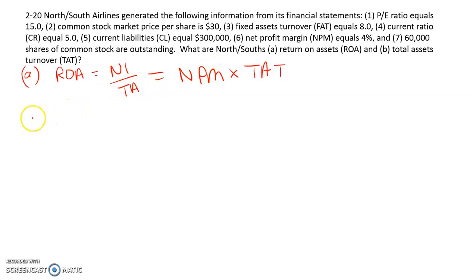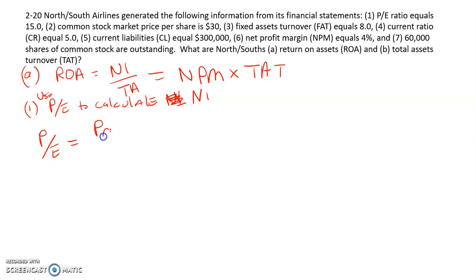The first thing we can do is use the P/E ratio to calculate net income. PE is equal to price divided by earnings per share.